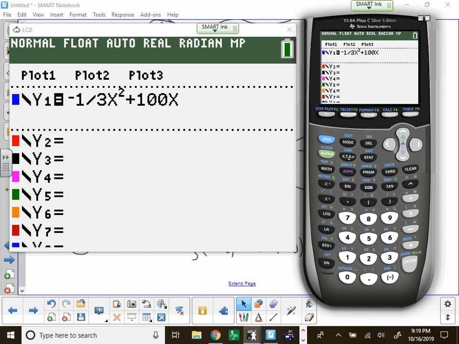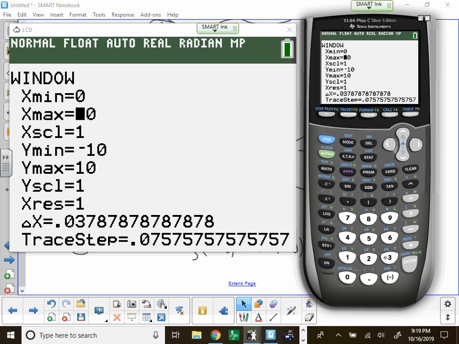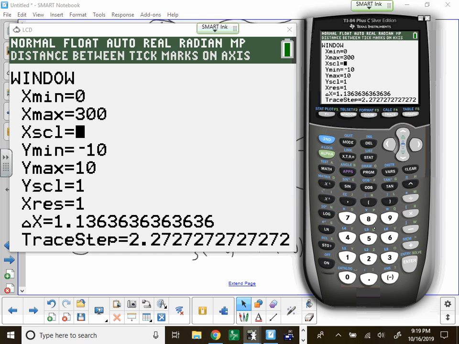All right, so I need to go to my window key here, and I'm going to do 0 to 300. Scale, I'm going to do a scale of 30 because I always do about 10%. And then my revenue isn't going to go to the negative world.